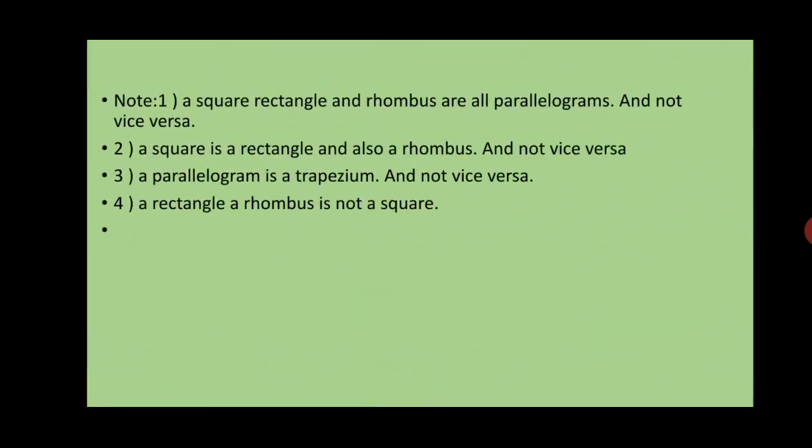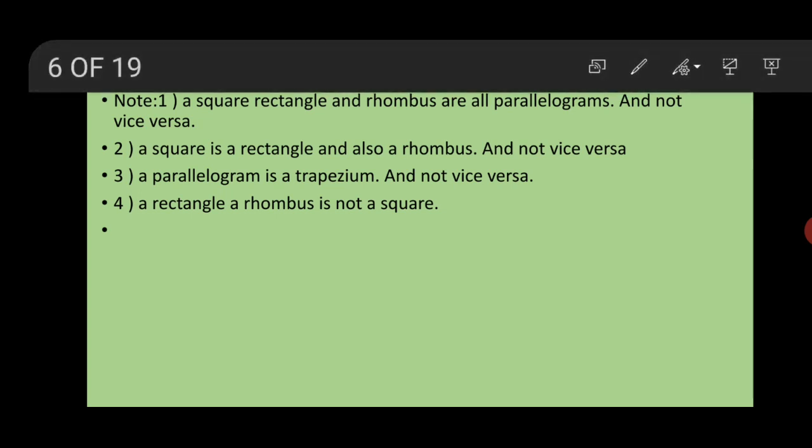Yes. Next, some notes. These are very important. A square and a rectangle and also a rhombus are all parallelograms. How? Say square, rectangle and rhombus. This is a square.